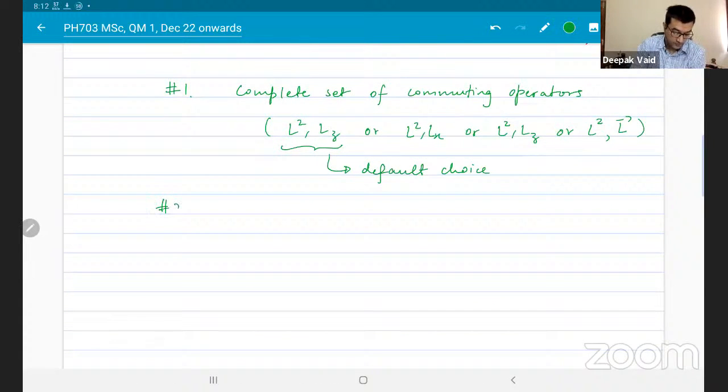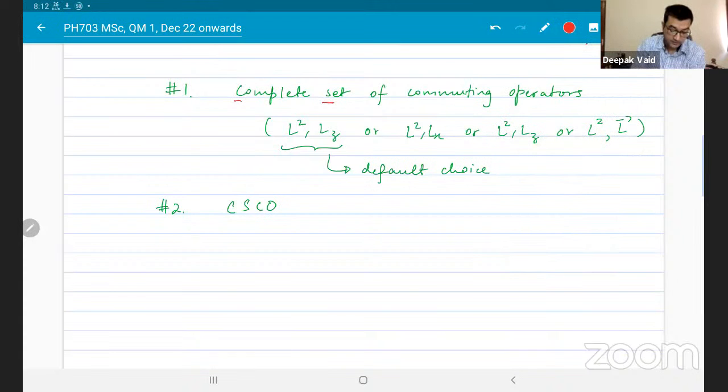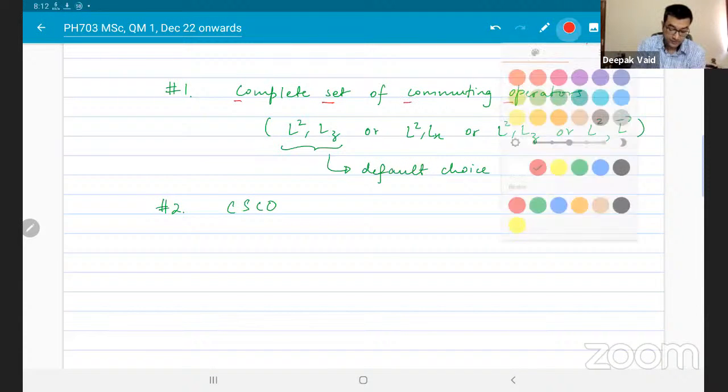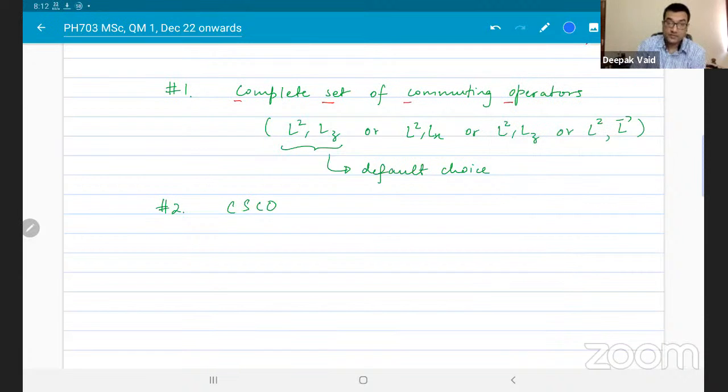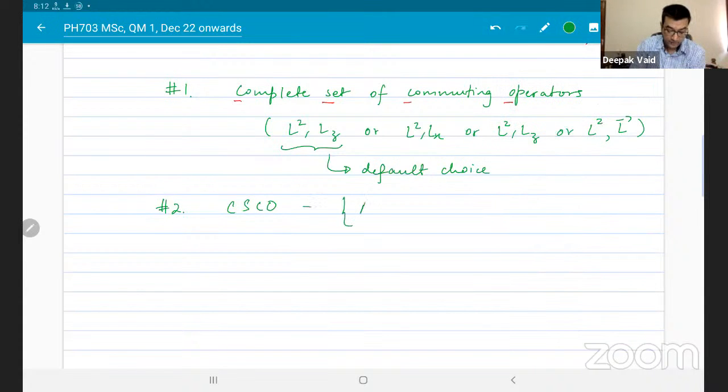Okay. So once we have this, then, so let's say that this is called CSCO, complete set of commuting operators. Once you have the CSCO, then let us say that your complete set consists of some operators Ai, where i goes from 1 to n.